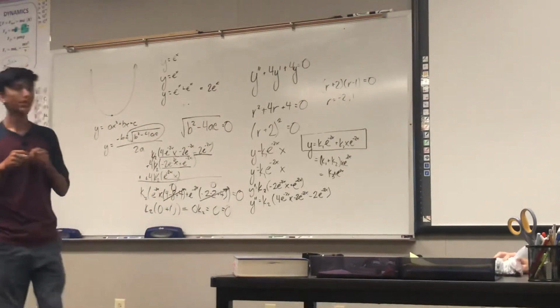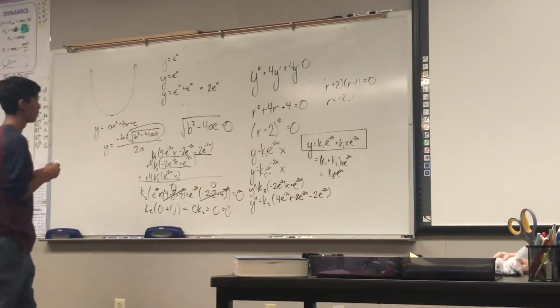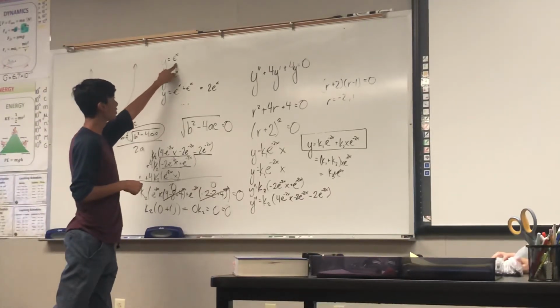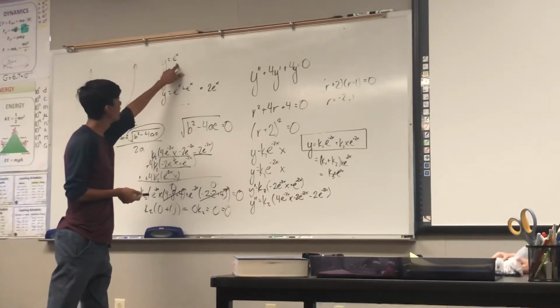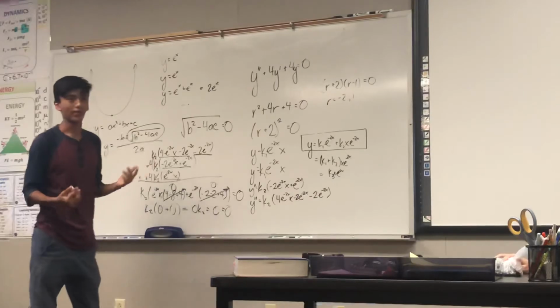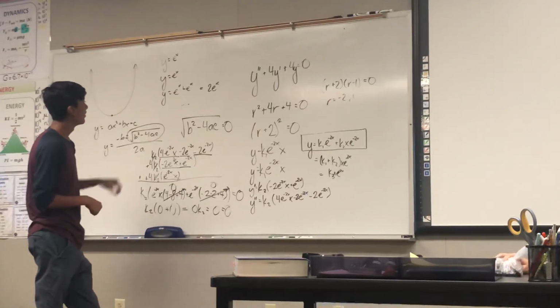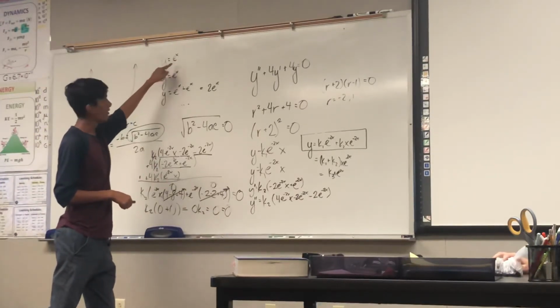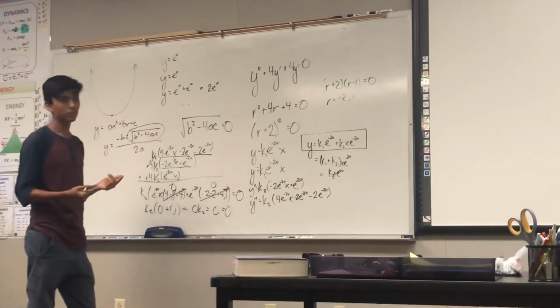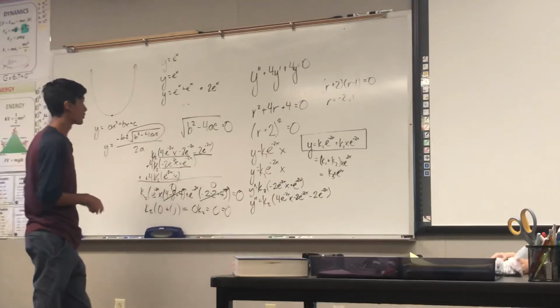So if you go back to the superposition principle, you know that if y is equal to x squared is a solution, then a multiple of itself is a solution as well, right? And if that's a solution and that is also another solution, then any combination of those two must also be a solution.